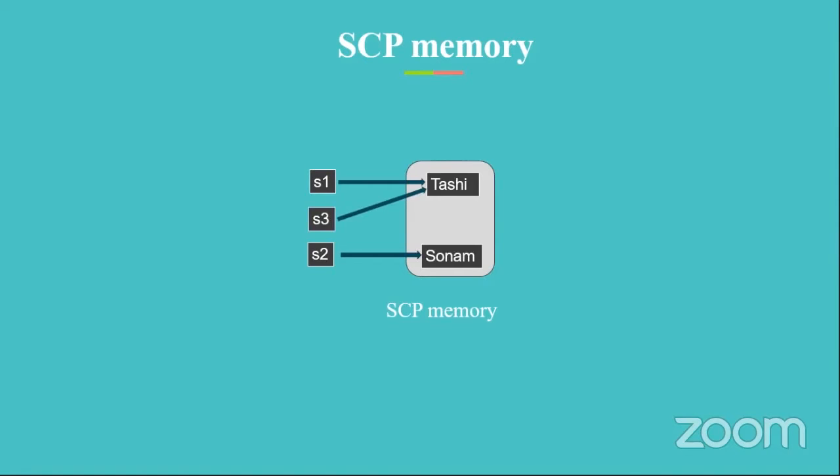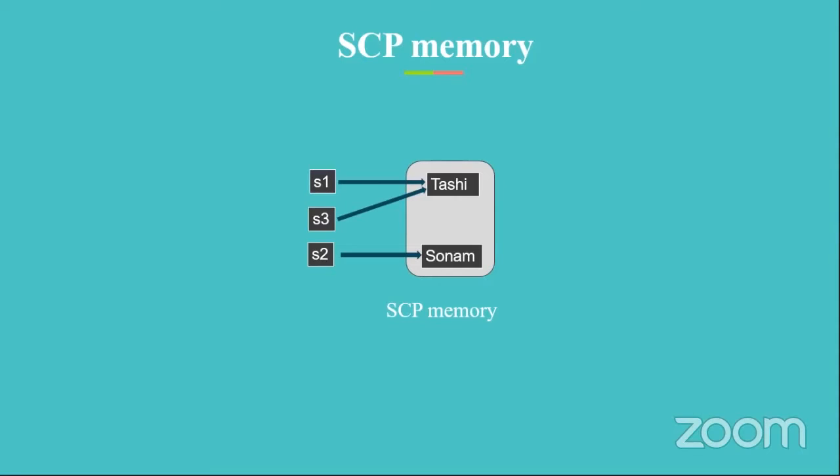Now this is regarding the object creation without using the new keyword. If you are creating the object without using the new keyword, then the objects are created in the SCP memory, where the point that you have to remember is that in SCP memory, it is always checking if the previous object is present or not. And another point that you have to remember is that SCP, the string constant pool, does not allow duplicate objects.